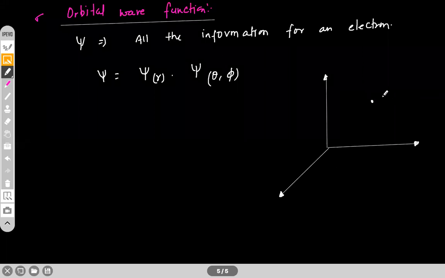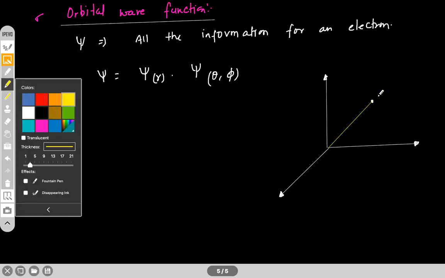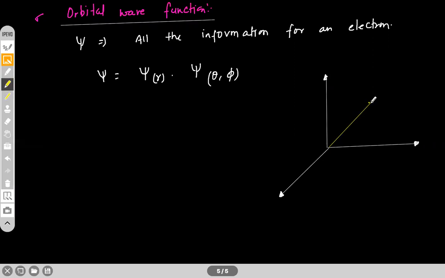Suppose we have a position which can be defined with respect to this point. This distance is r, right?